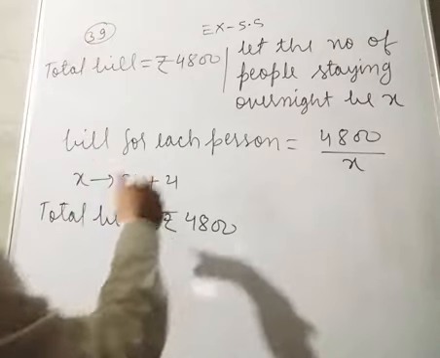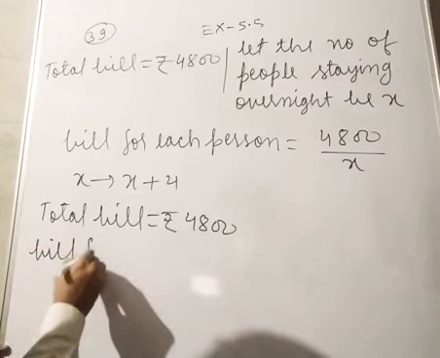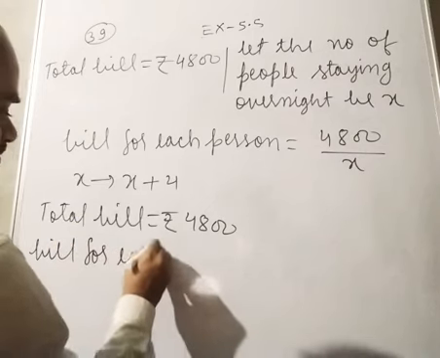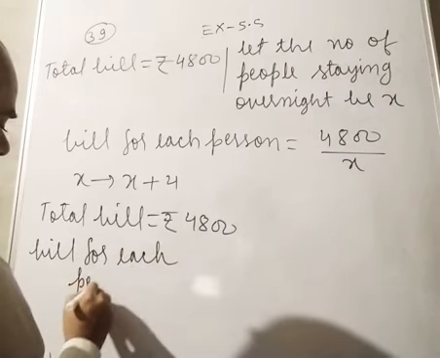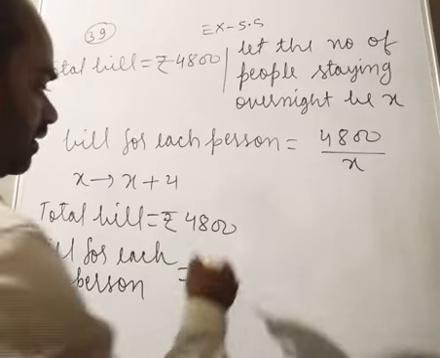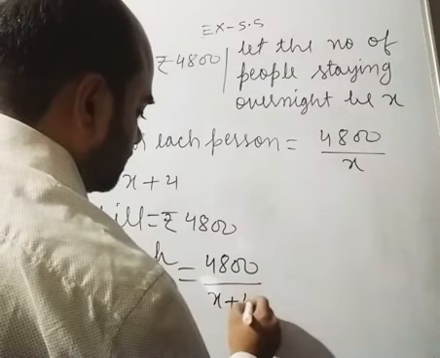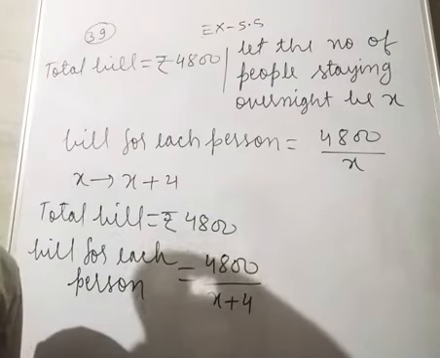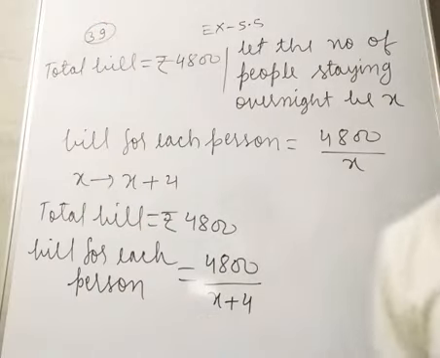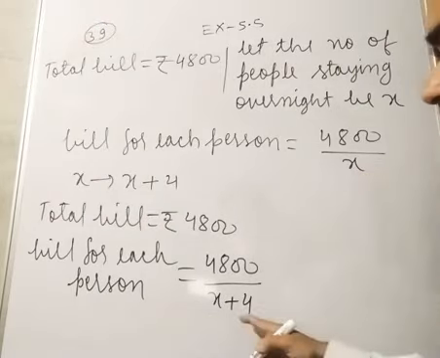Here, what is the new bill for each person? 4800 upon x plus 4. Correct? Now here the denominator is x and here the denominator is x plus 4.